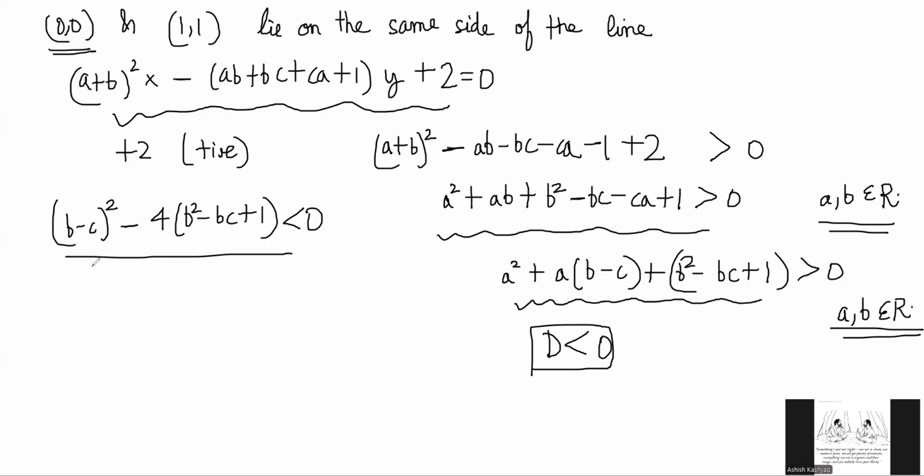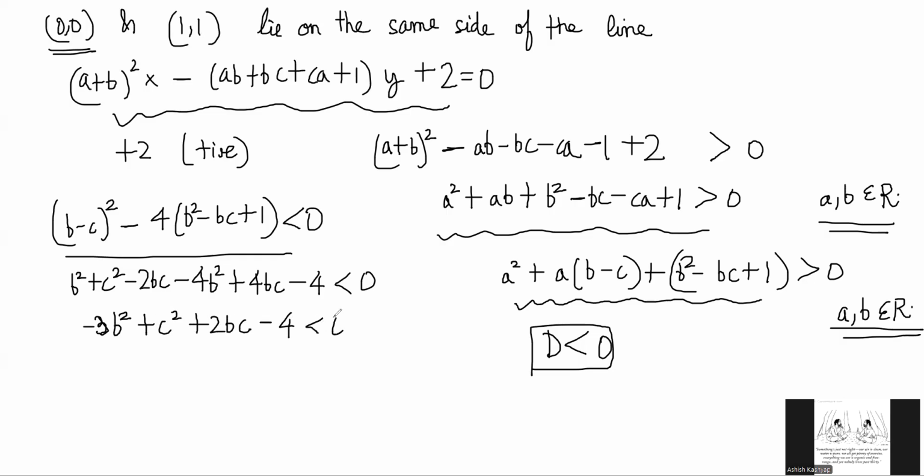If you simplify this equation, we will get basically b square plus c square minus 2bc minus 4b square plus 4bc minus 4 is less than 0. From here we get minus 3b square plus c square plus 2bc minus 4 is less than 0.